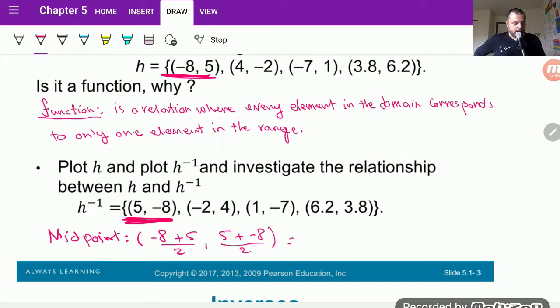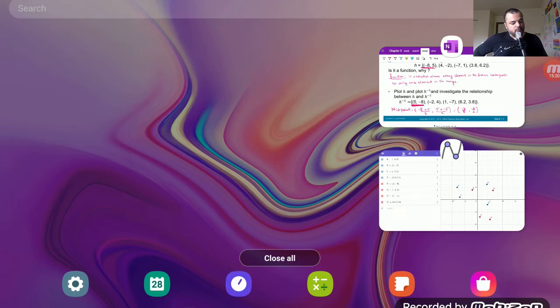So -8 plus 5 is -3, divided by 2 is -3 over 2. The other one is also -3 over 2. Correct? We get the same point because you add the 2 numbers and divide by 2, and you just interchange them, right? So let's do the rest.